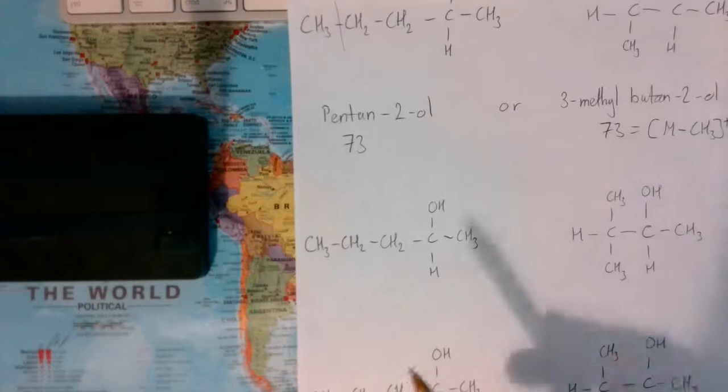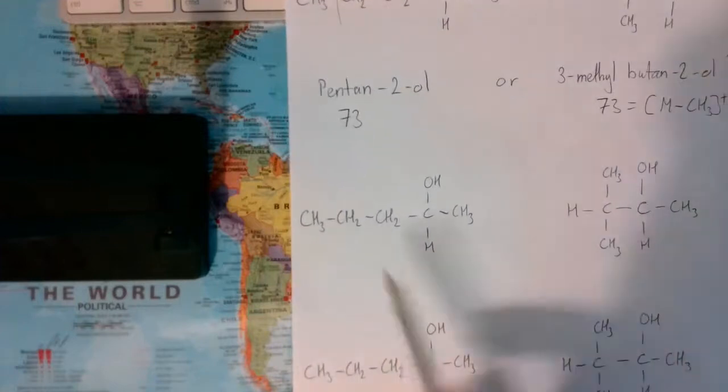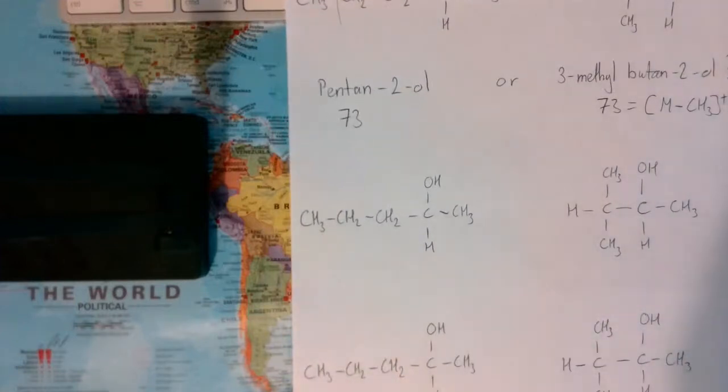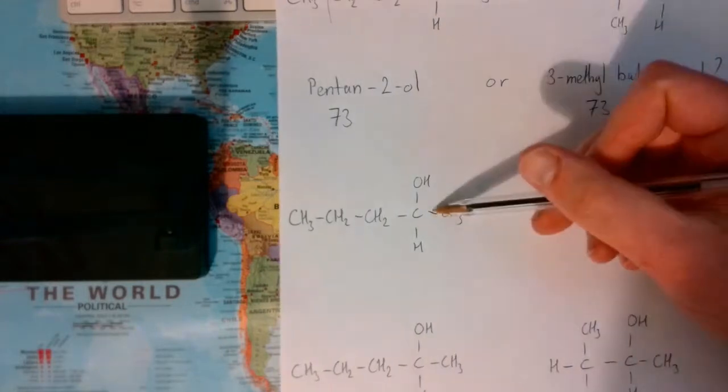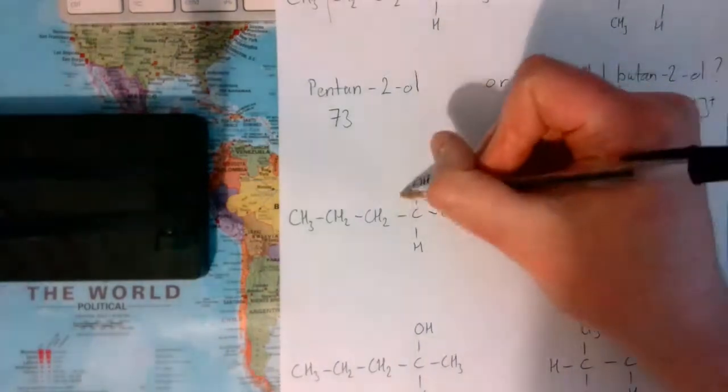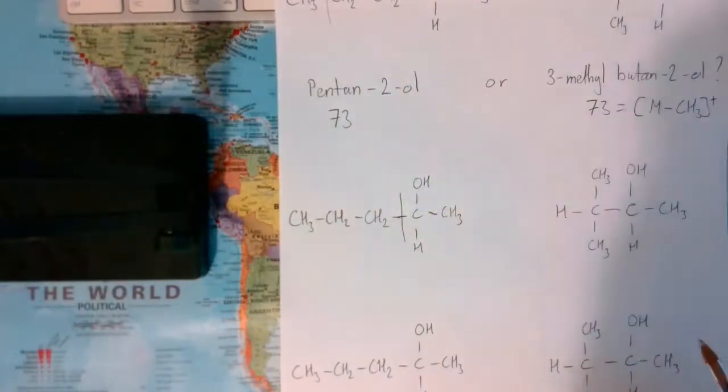So let's keep going. You're looking for breaking the significant bonds. I've tried to write it out in a way that really shows you where the significant bonds might be. So we could lose a CH3. Let's try breaking here, another of these carbon-carbon bonds.